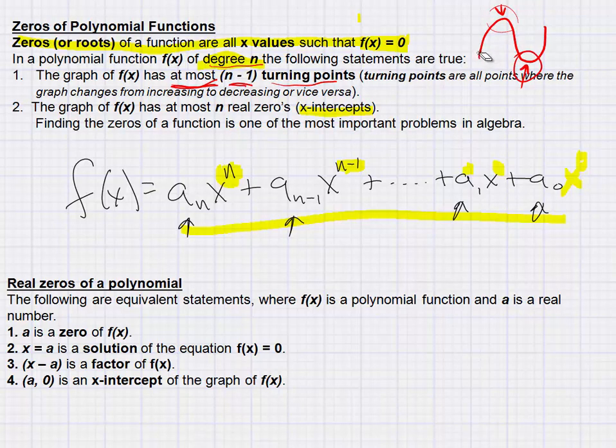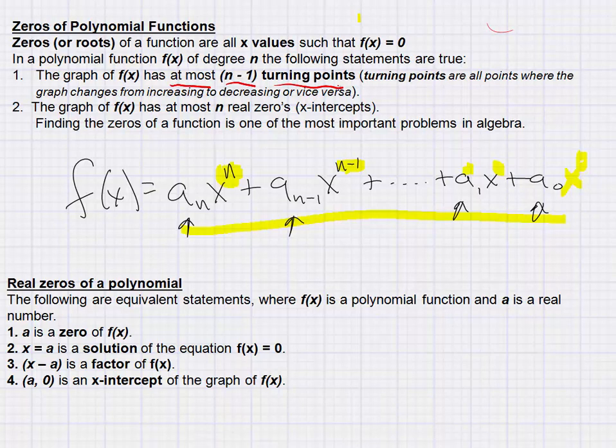This says that your graph will have at most n minus 1 turning points. So that's the max. Now that "at most" means that you're not going to have more than it, but you could have less than it.